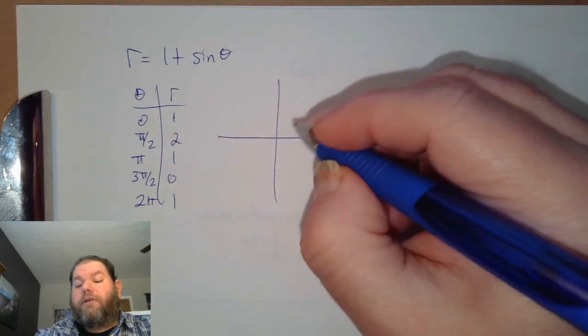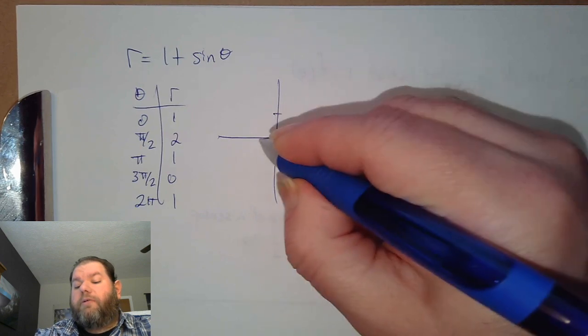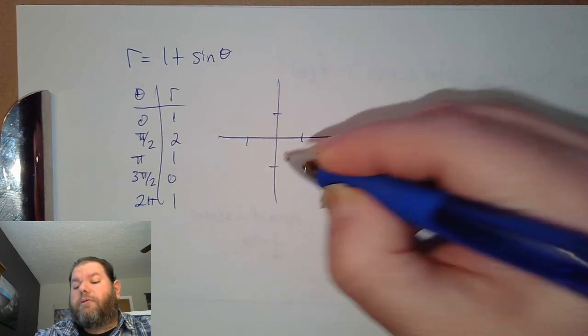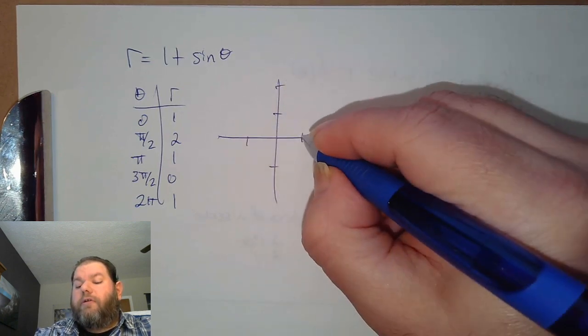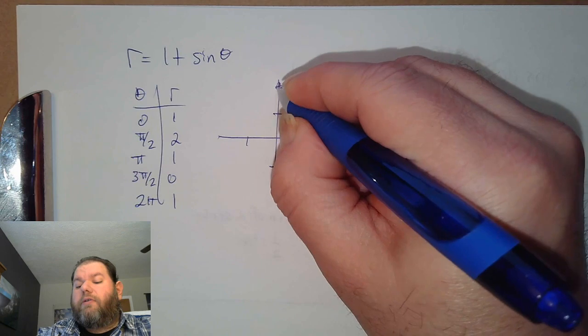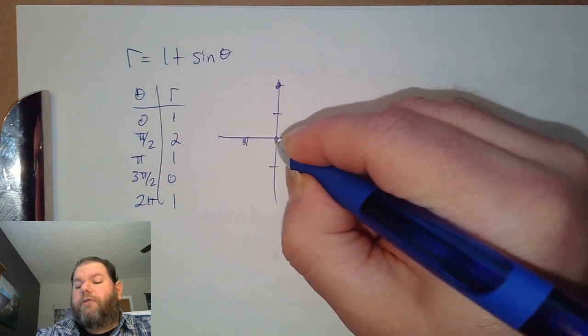So very quickly, we can plot the graph. 1, 1, 1, and we go out to 2 in this direction. So 1, 2, 1, 0, 1.